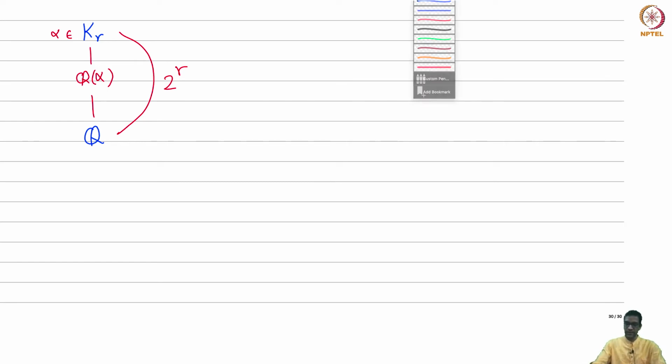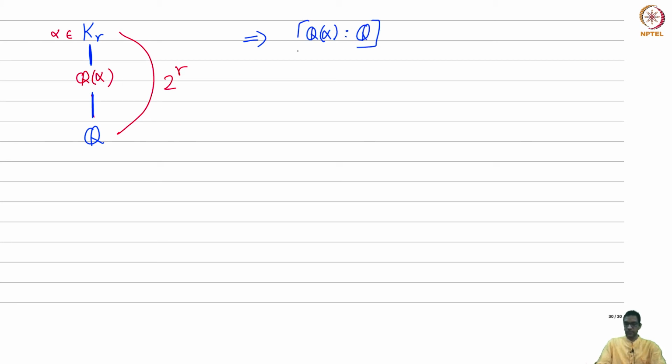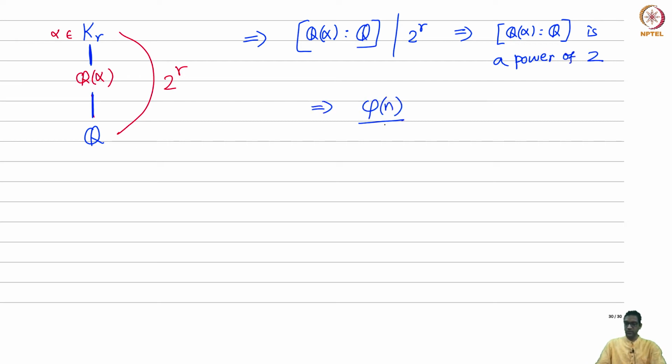So these intermediate extensions must have degree which divides this overall degree, which implies that the degree of Q(alpha) over Q divides 2 to the power r, which implies it's also a power of 2. And we have already said the degree of Q(alpha) over Q is just phi(n)/2. So this is a power of 2, meaning that phi(n) is a power of 2.